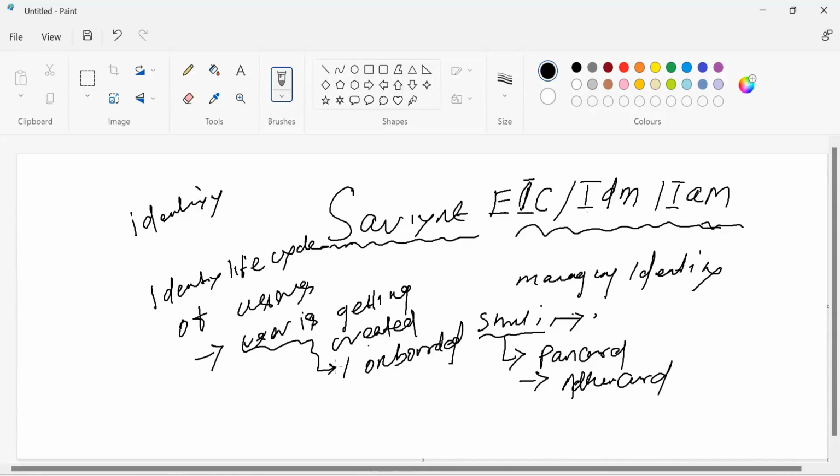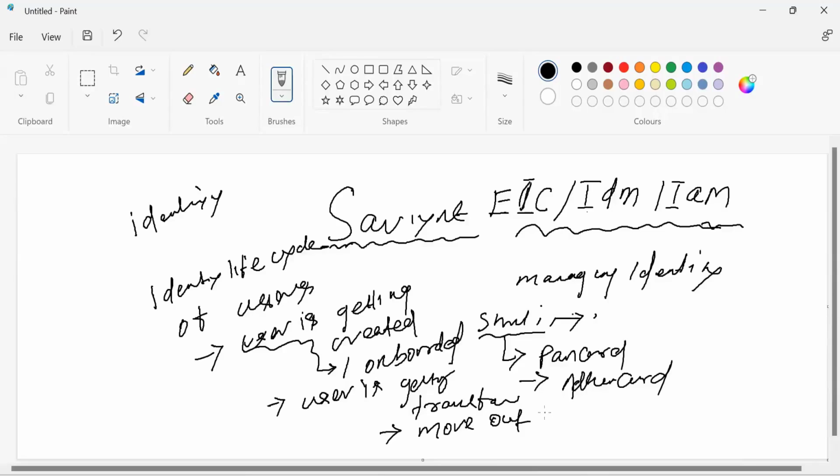Then from time to time, the user is getting transferred. And one day the user or the employee will switch the job and move out. So this is the normal life cycle of a user or employee or anybody, even you and me. It happens to everybody, right?